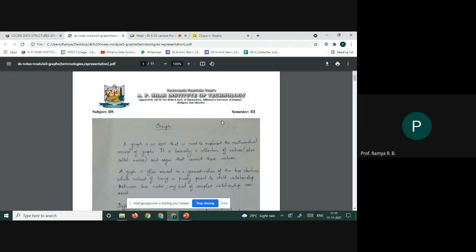Which are the linear data structures that you have learned? Stacks, queues, and linked lists. And then you learned 1 non-linear data structure, which is trees. Now we are stepping into the next non-linear data structure, which is graphs. So the whole subject is revolving around these 5 data structures, okay?